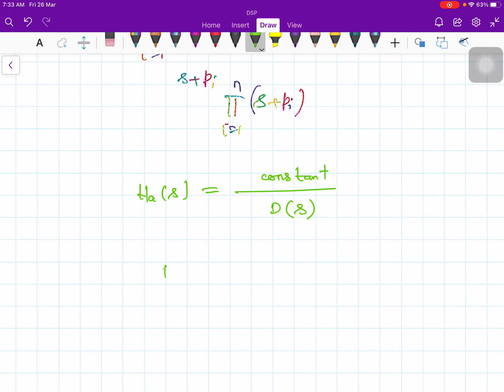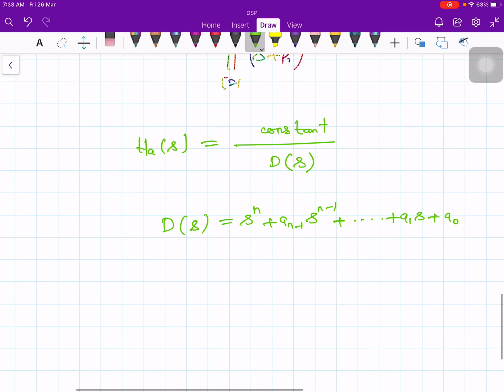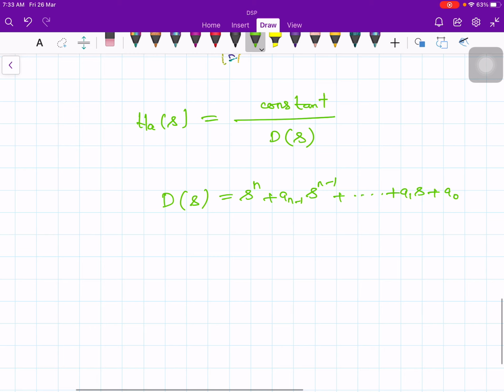What is D(s)? D(s) is of the form s^n + a_{n-1} s^{n-1} + and so on and so forth + a_1 s + a_0, in such a manner that the given specifications are satisfied. So what are the given specifications for a typical low pass filter?